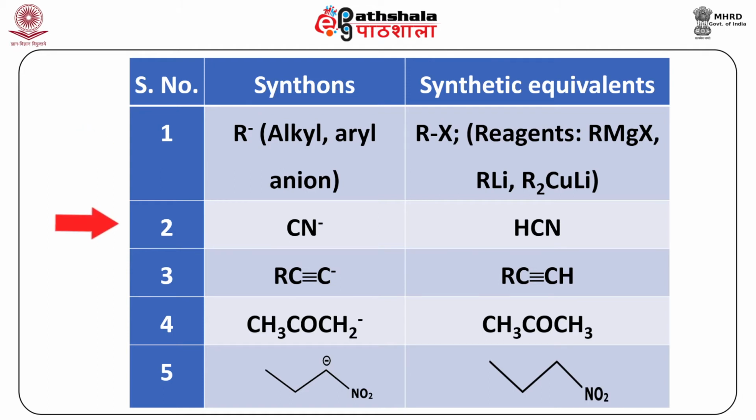Talking about CN minus, yes, it can be HCN, from which easily the CN minus can be generated. Talking about RC triple bond C minus, the alkynide anion, this can be generated from the parent alkyne, and again you have guessed it right, by taking the help of a sodium ammonia type system, you can remove this proton and generate the corresponding carbanion at this particular position.